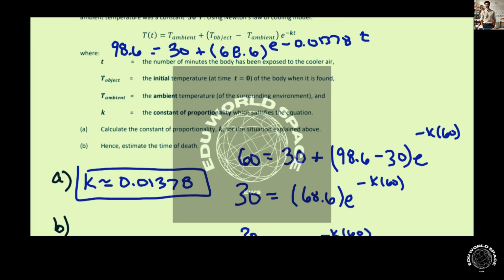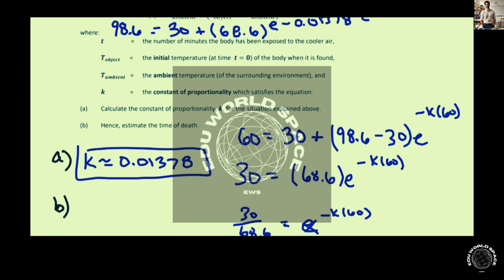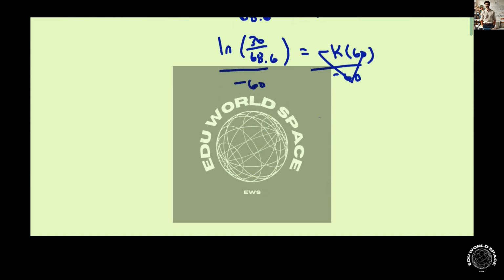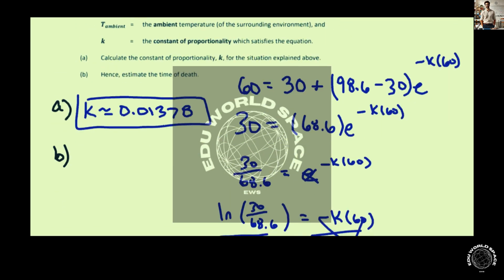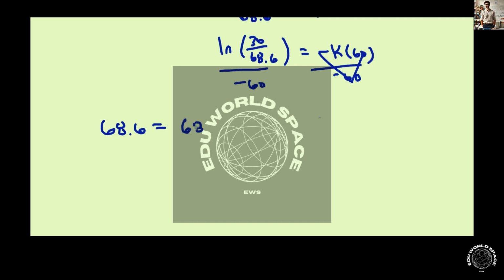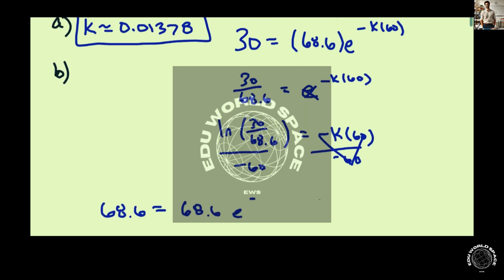I'm going to now jump down and start solving. We'll subtract 30 to get 68.6, and then that would equal 68.6 times e to the negative 0.01378t.